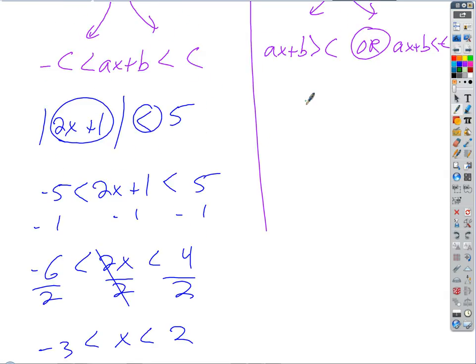Okay. How about something like this? What if I have the absolute value of 3x minus 2, plus 1, is greater than 11? So what do you think I'm going to do there?